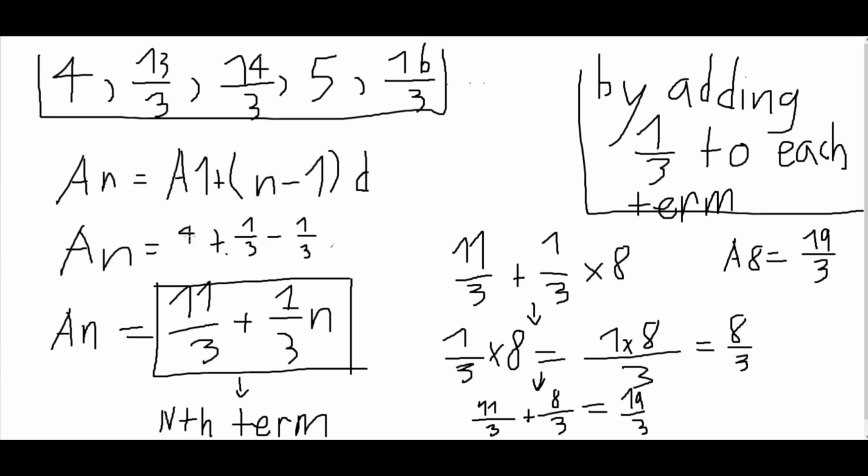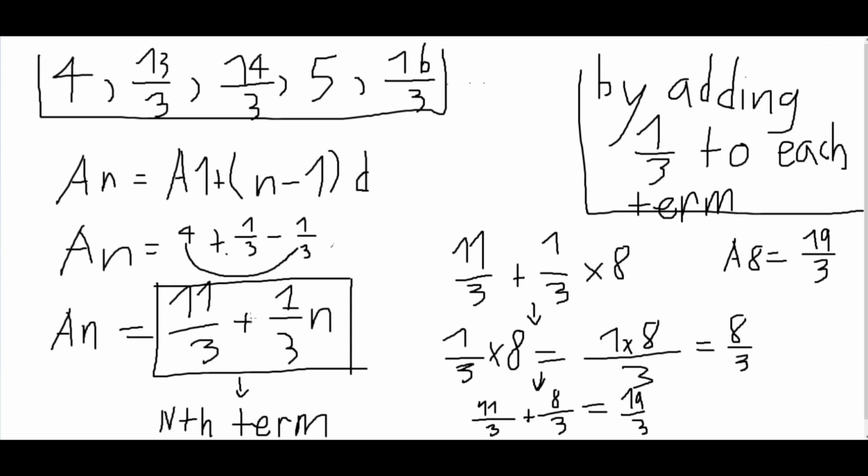So we add this to get 11 over 3, and then we just move the 1 over 3 to here and then add an n to find the next term that you want to find. And this is the nth term.